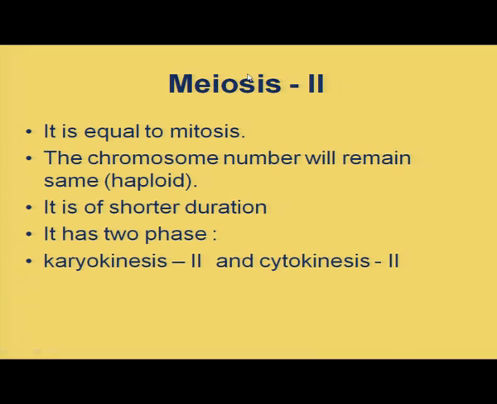So, what is meiosis 2? Second division of nucleus in meiosis. So, the second nuclear division in meiosis is known as meiosis 2, and it is exactly the same as that of mitosis. So, it is equal to mitosis.